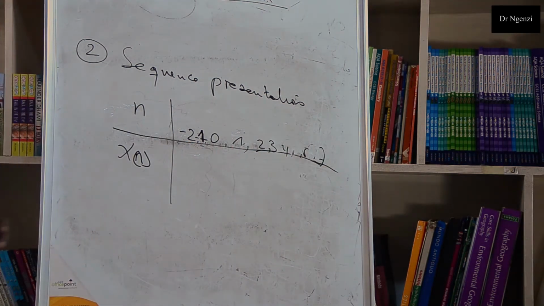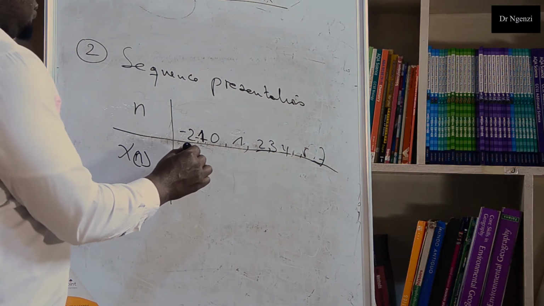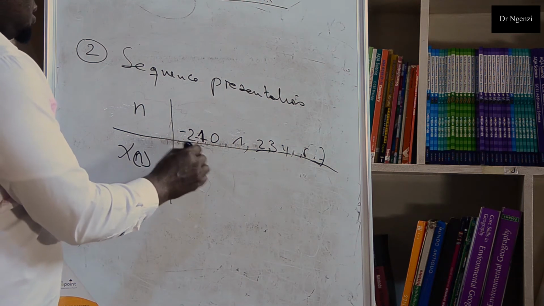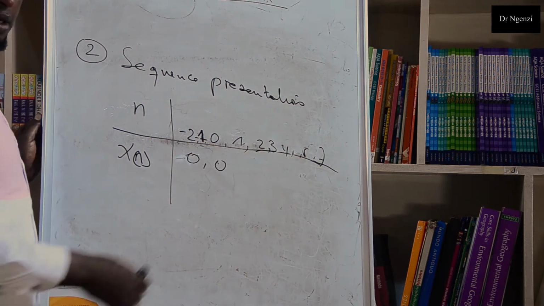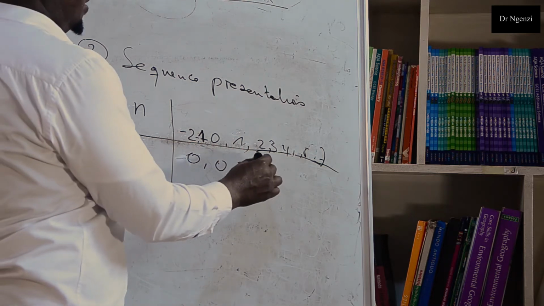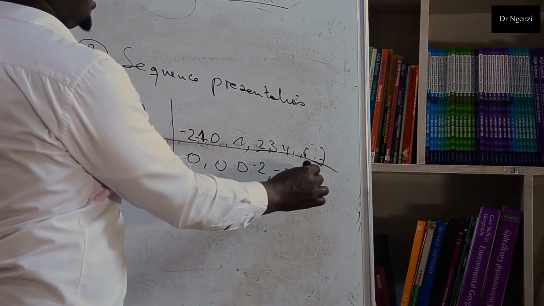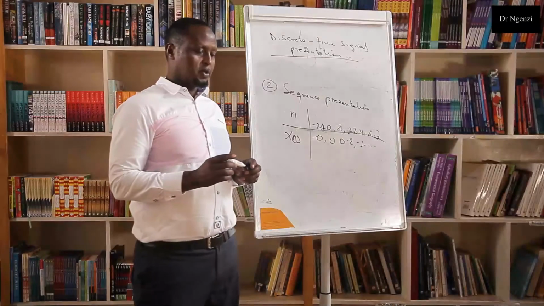Then we have discrete values, for example starting from -1, 0, and it can have any value here, can have -1, and so on. So this is what we call sequence presentation.